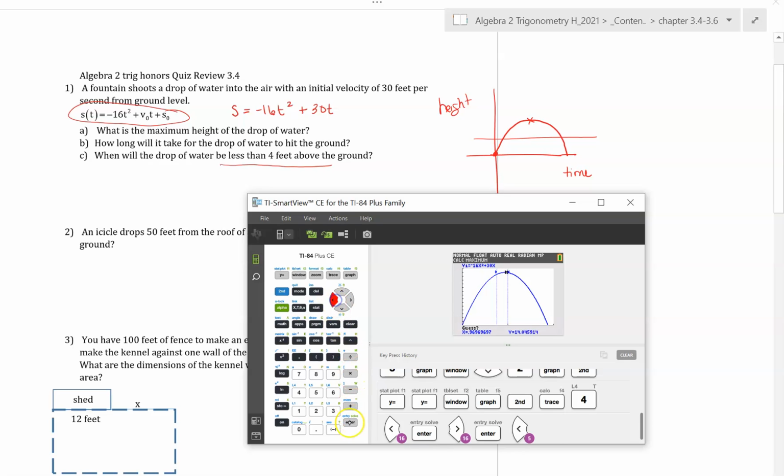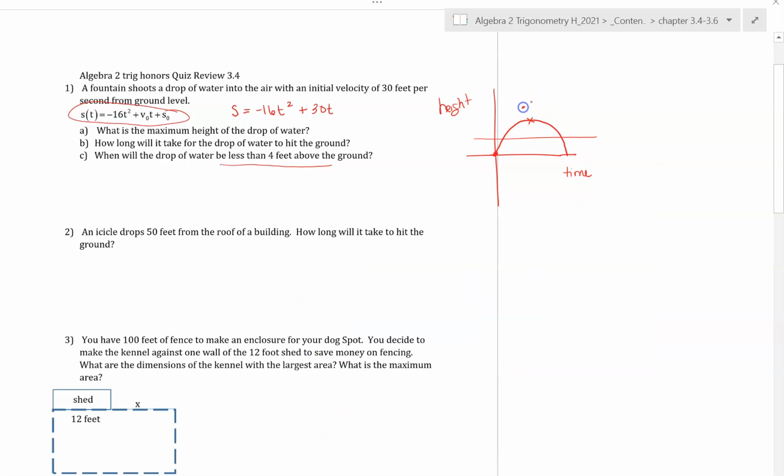And then let's back up a little bit. Notice that our maximum is at 0.94, 14.06. So the maximum height for part A would be 14.06 feet.